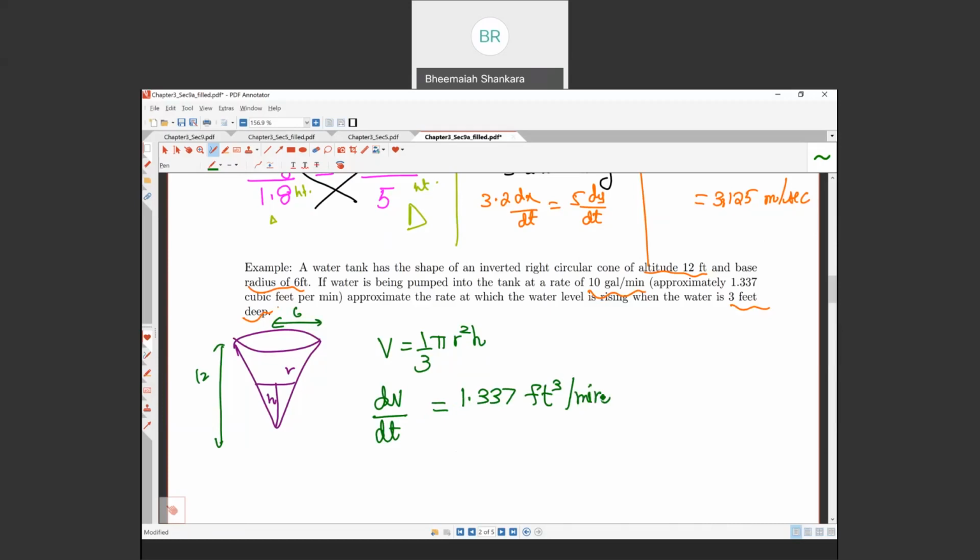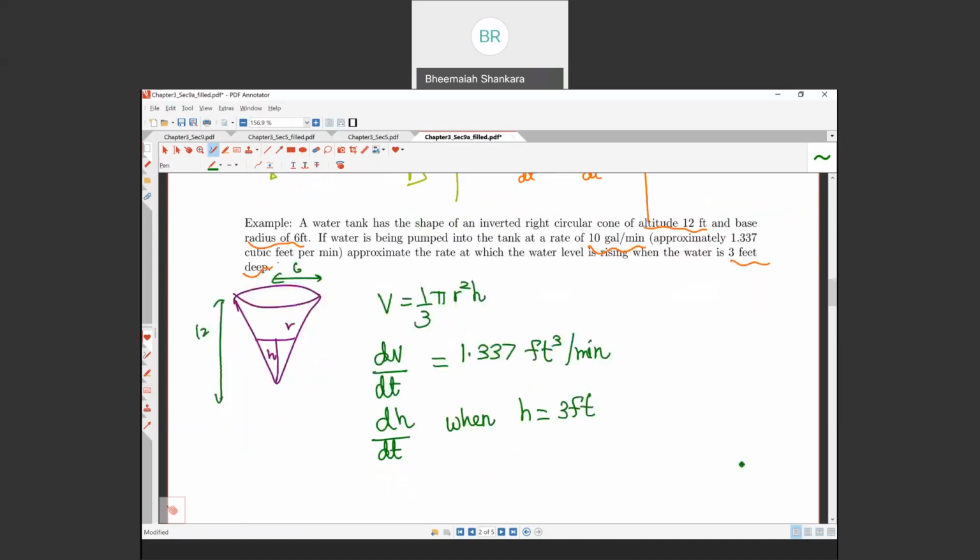The question is asking you at what rate the water level is rising, which means you want to find dh over dt when that water is 3 feet deep. So when you know that height is 3 feet, let's try to differentiate the given volume expression.